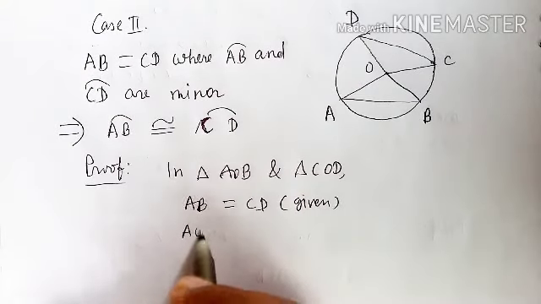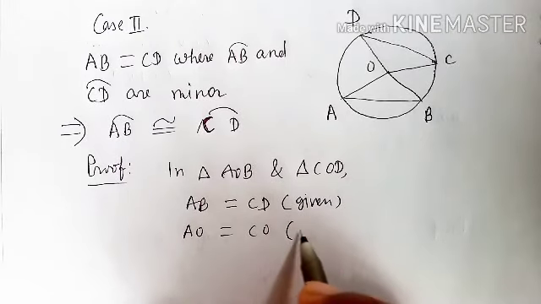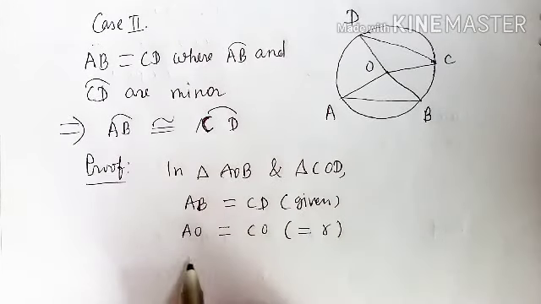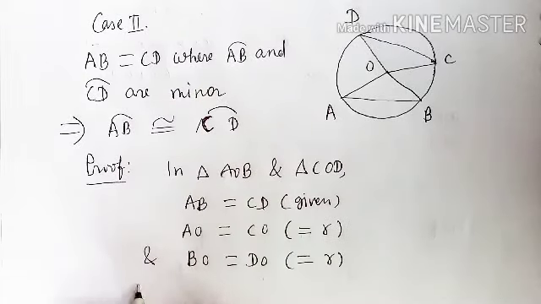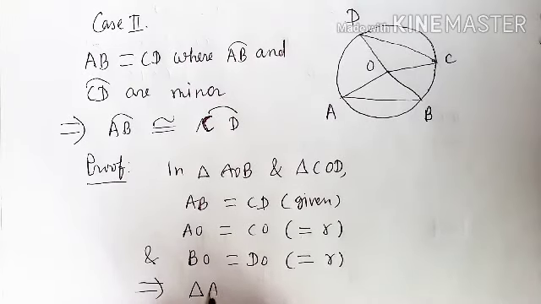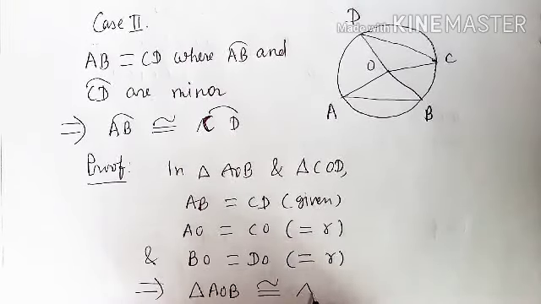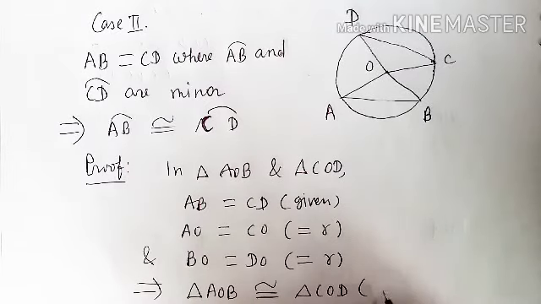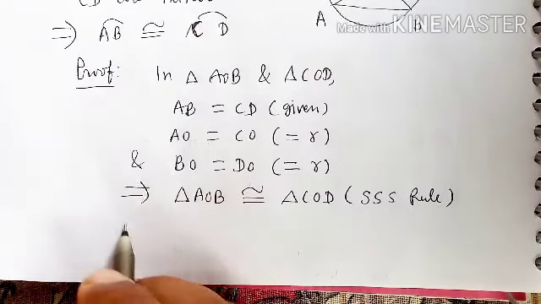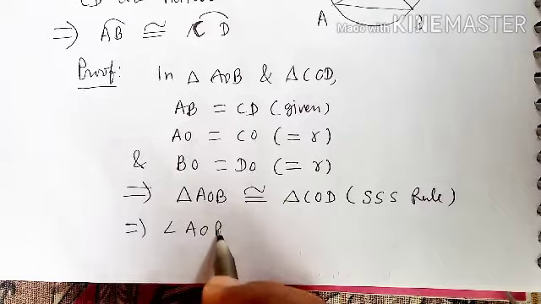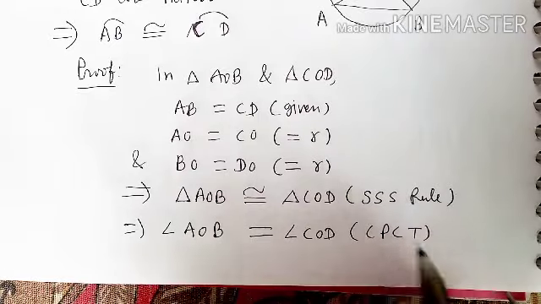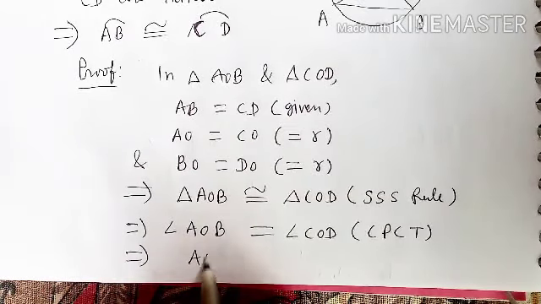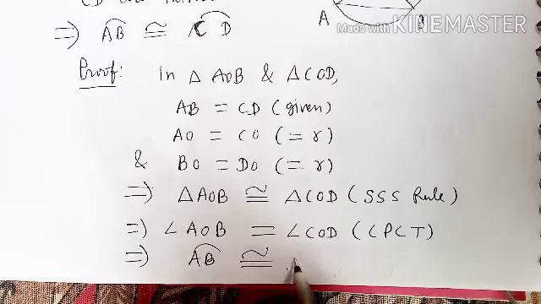AO is equal to CO is equal to R, and BO is equal to DO is equal to R. This implies that triangle AOB is congruent to triangle COD by SSS rule. This implies that angle AOB is equal to angle COD by CPCT. This implies that arc AB is congruent to arc CD.